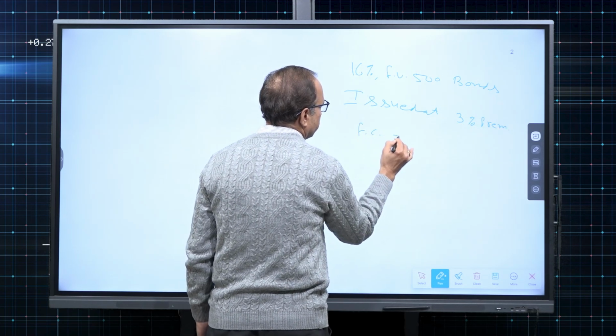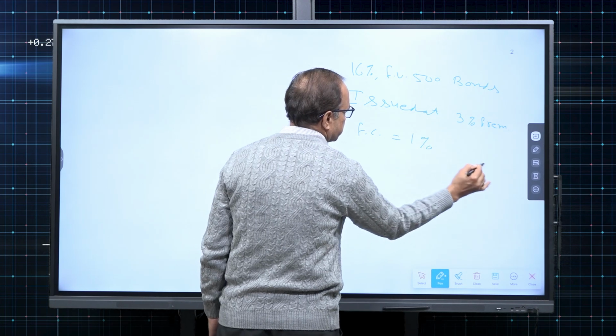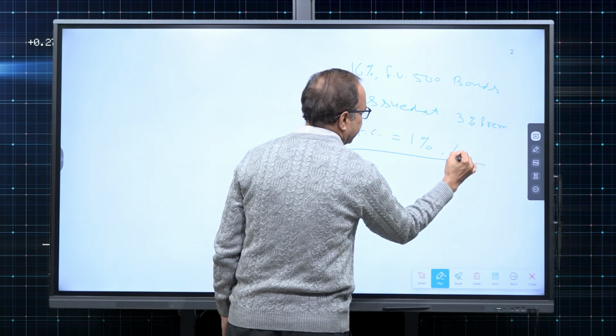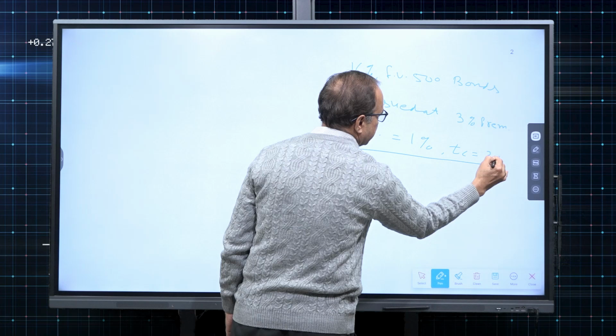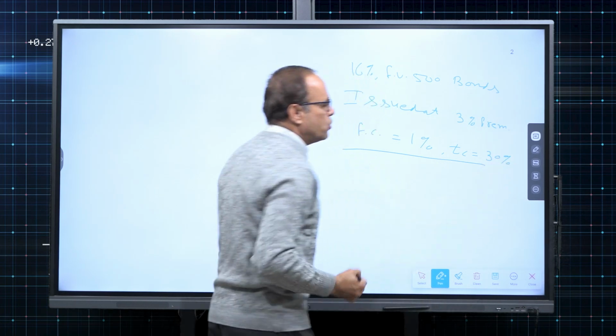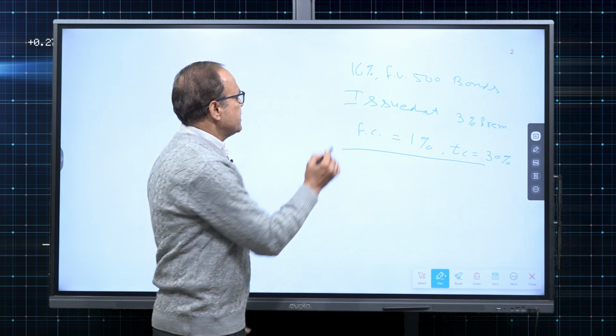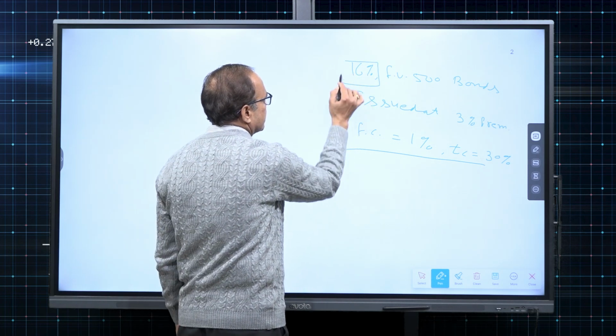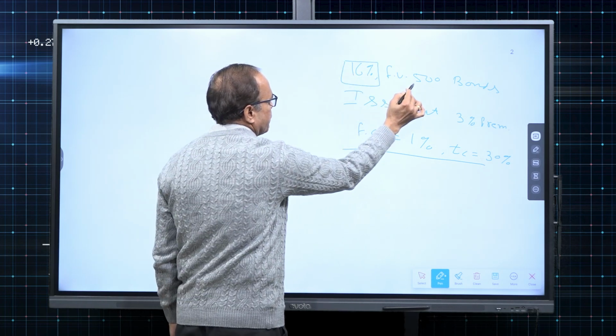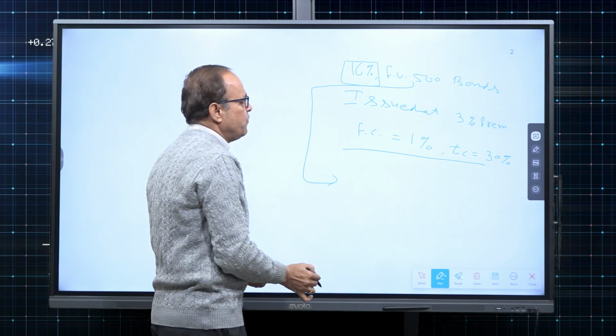Flotation cost by the company is 1%. If the tax rate is 30%, calculate the cost of these debentures. So, in this case 16% is the coupon rate. That means to say on par value of 500.